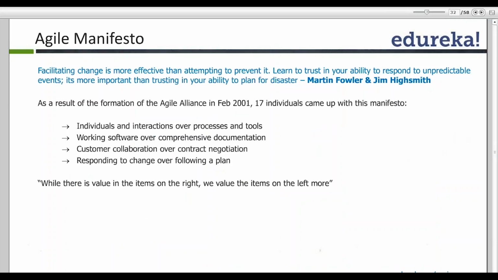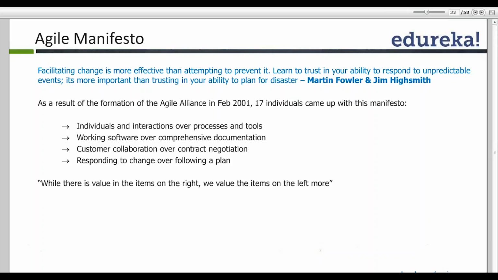Agile Manifesto. Now, Agile Manifesto is a document which was developed by 17 software developers in February 2001. These 17 developers met at a ski resort, and the objective of this meeting was to come up with lightweight methodologies for software development.